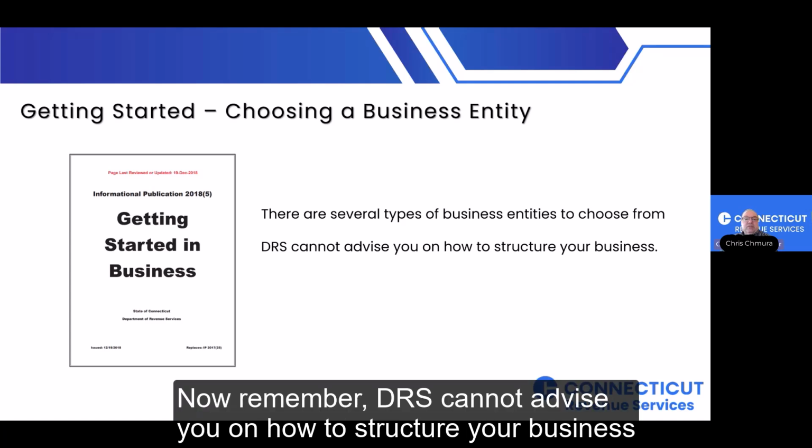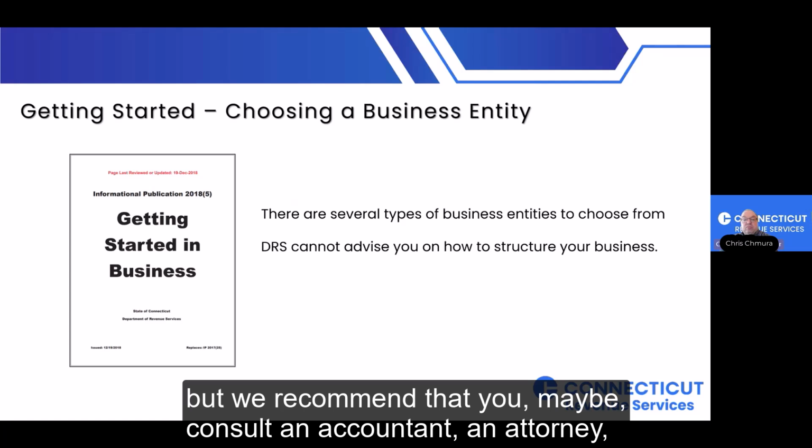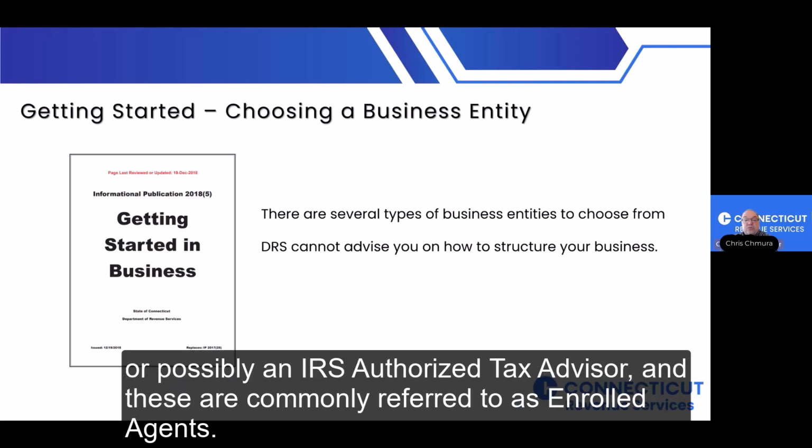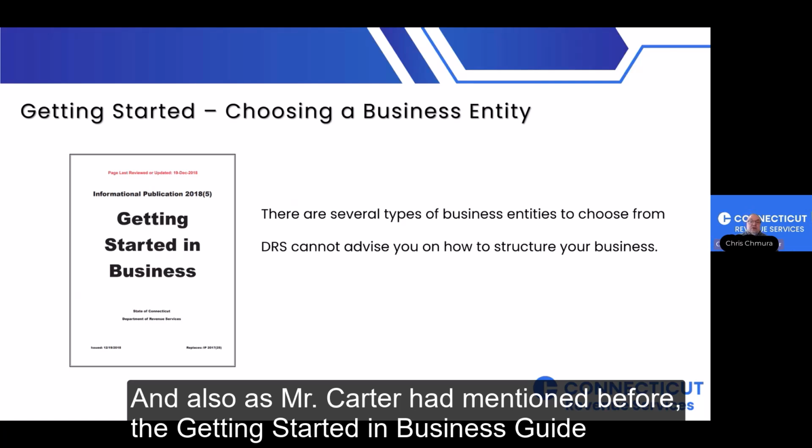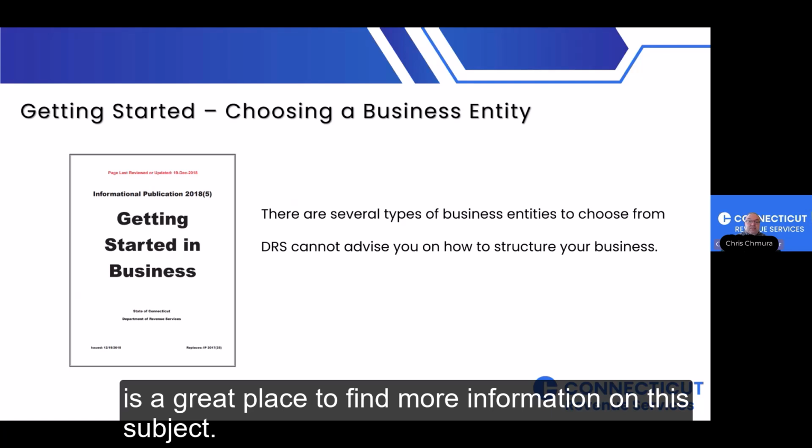Now remember, DRS cannot advise you on how to structure your business, but we recommend that you consult an accountant, an attorney, or possibly an IRS authorized tax advisor, commonly referred to as enrolled agents. And also, as Mr. Carter had mentioned before, the Getting Started in Business Guide is a great place to find more information on this subject.